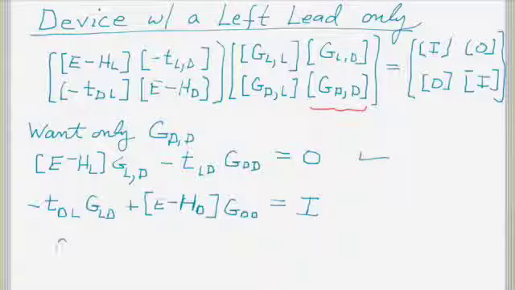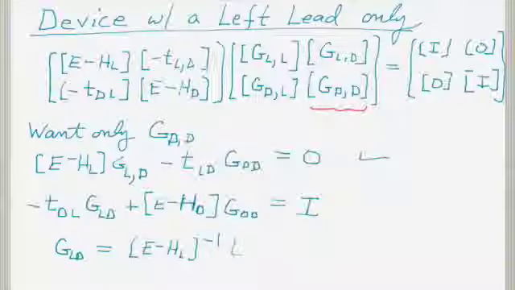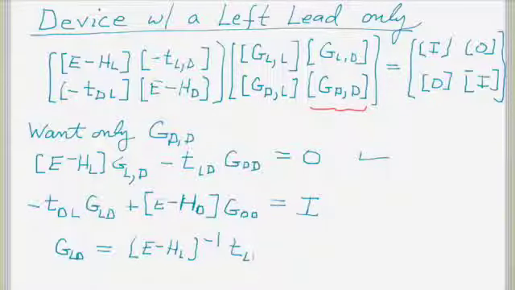So GLD is equal to E minus H sub L inverse times TLD GDD.